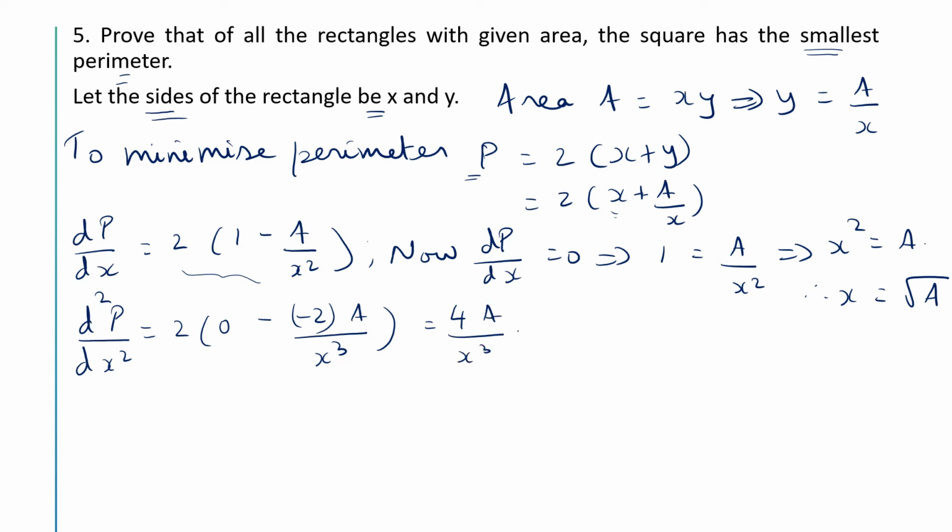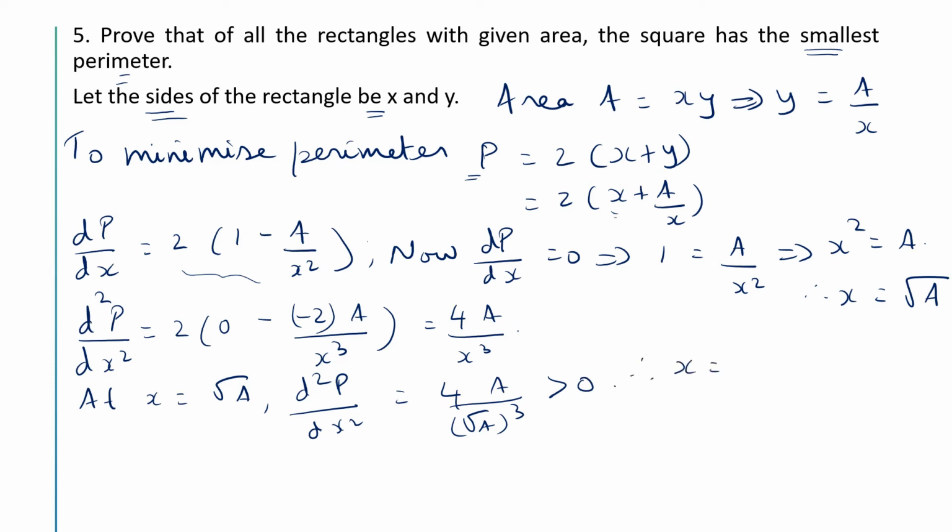So at x is equal to root a, d square p by dx square is 4a by root a the whole cube, which is greater than 0. Therefore, x is equal to root a is a point of local minima.